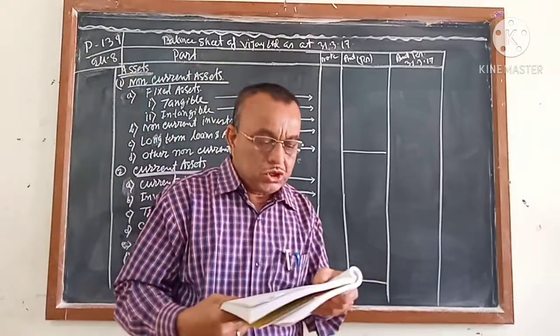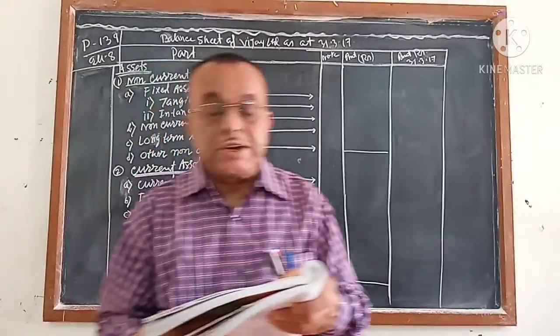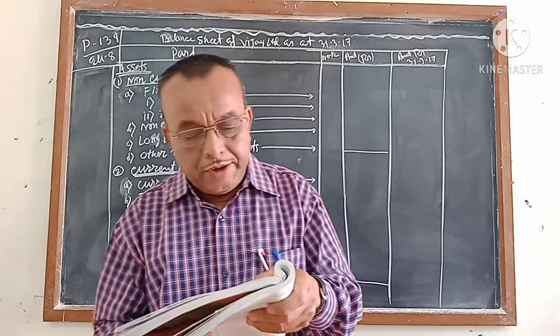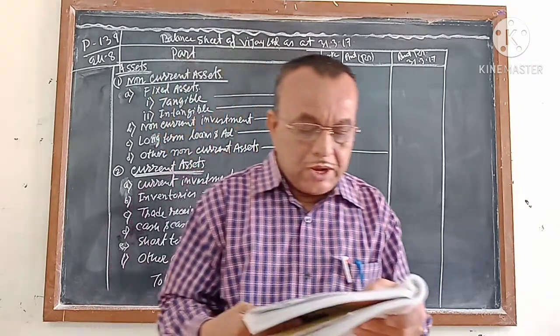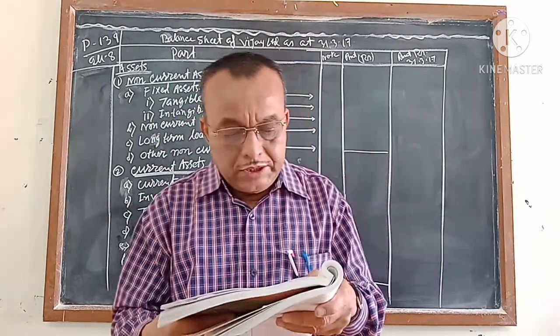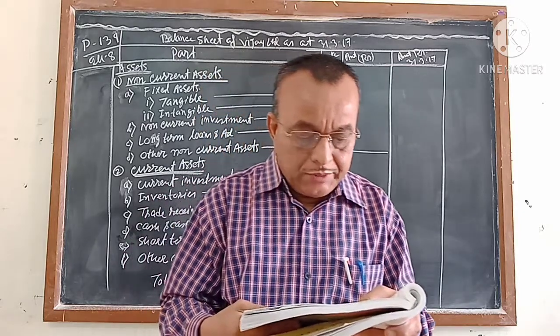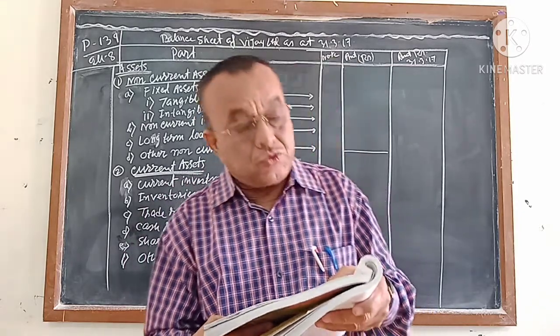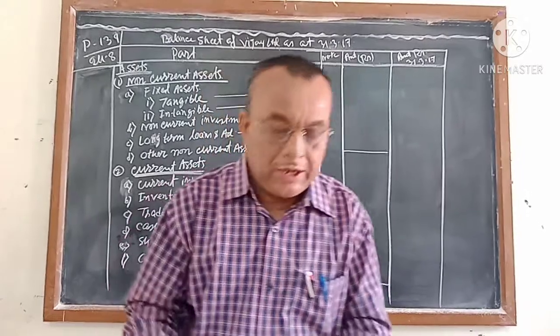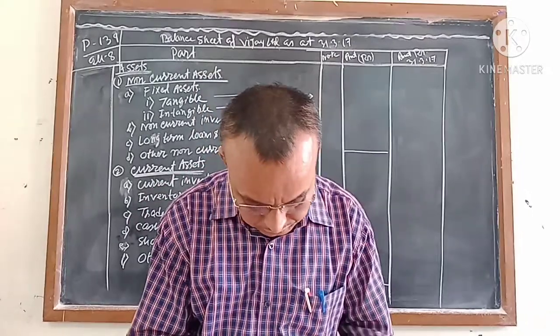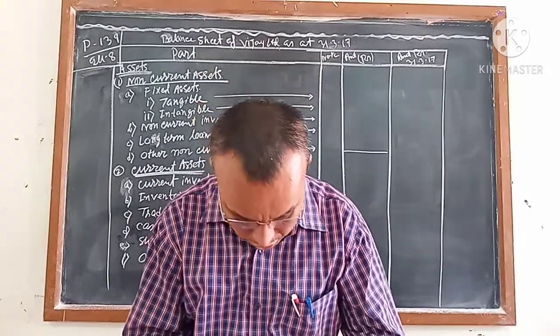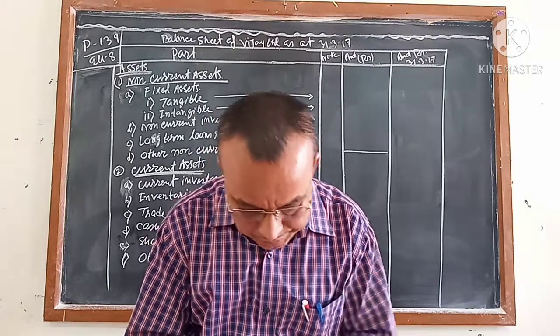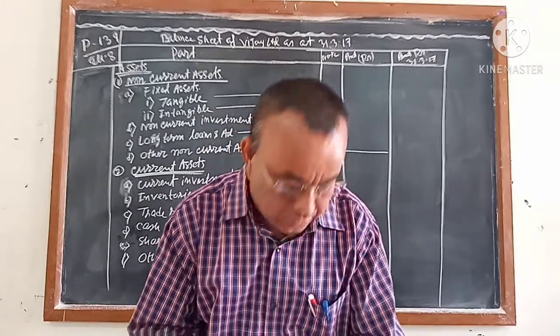That is assets, non-current assets, fixed assets, tangible, intangible, non-current investment, long-term loans and advance, other non-current assets, then current investment, current inventories, trade receivable, cash and cash equivalent, short-term loans and advance, and other current assets. I told you the order or the name that you should not forget, that you have to keep in mind.